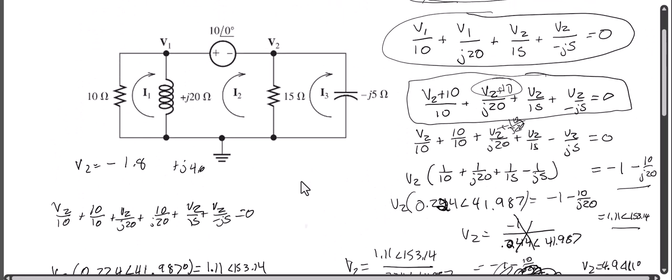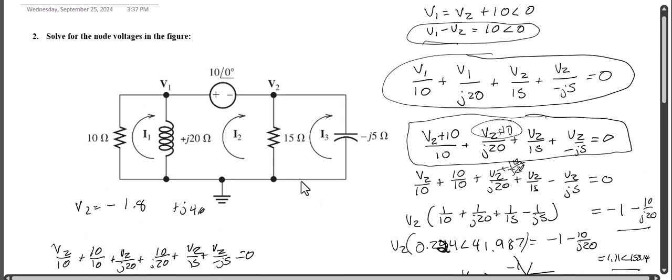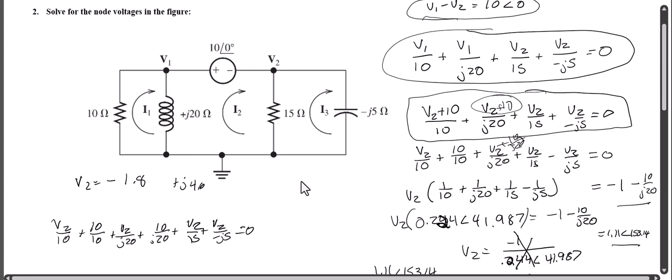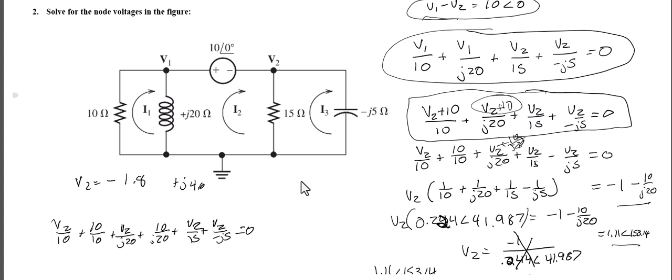So what the supernode did for me is, when you do nodal analysis, you get a system of equations. And this made one of the equations V1 minus V2 is 10, or V1 equals V2 plus 10. The other equation I got by doing the nodal analysis on both V1 and V2 at the same time.